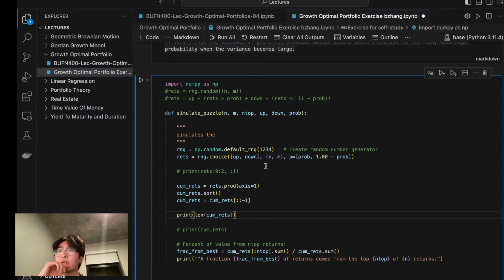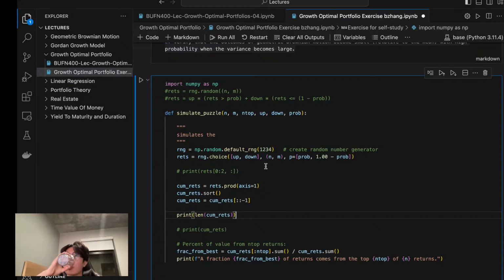Okay, so this is just looking at the returns then. As the number of periods m becomes very large, almost all the expected value comes from rare outcomes.